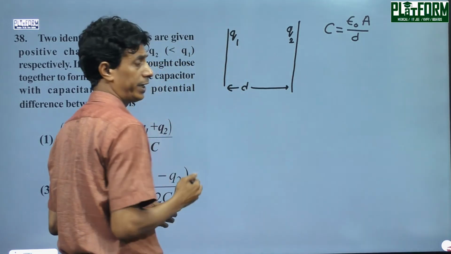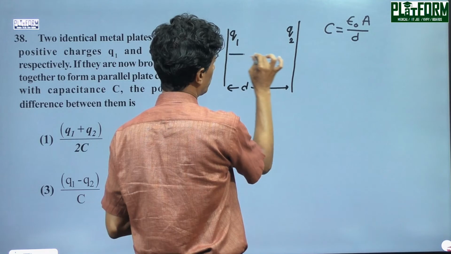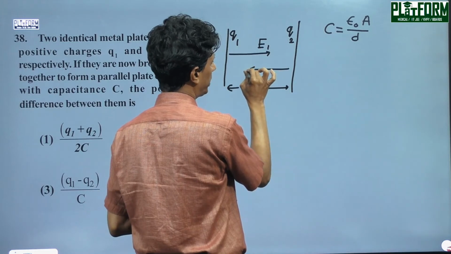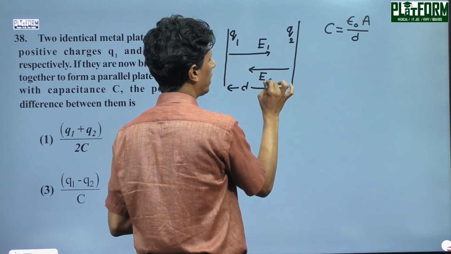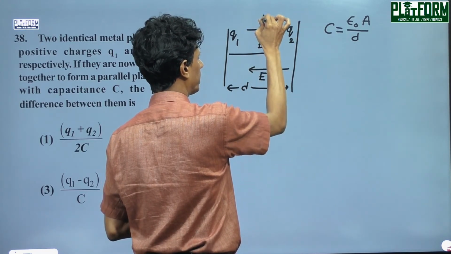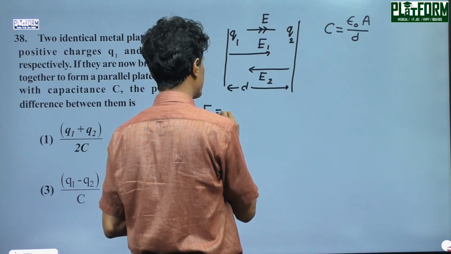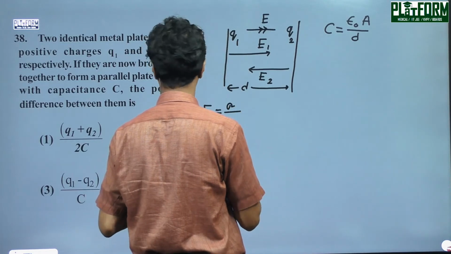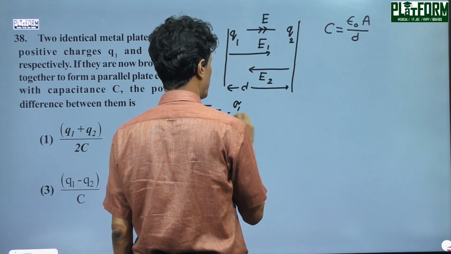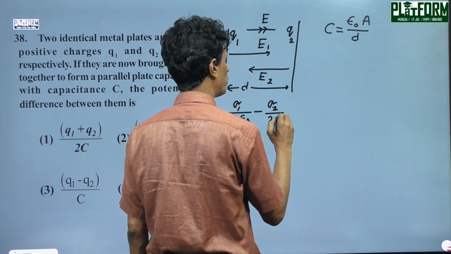Electric field due to the charge Q1 is E1, and electric field due to the charge given in plate 2 is E2, and let us say the resultant electric field is E. So the electric field inside this condenser is sigma 1 by 2 epsilon 0 minus sigma 2 by 2 epsilon 0.